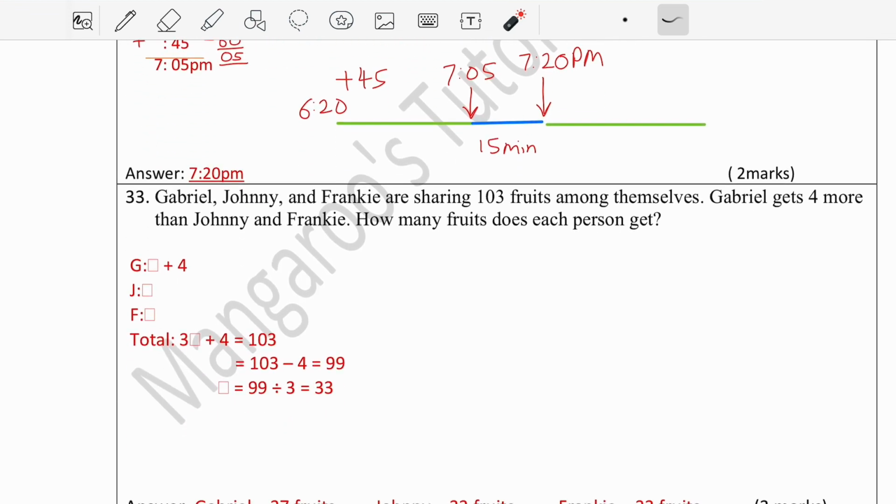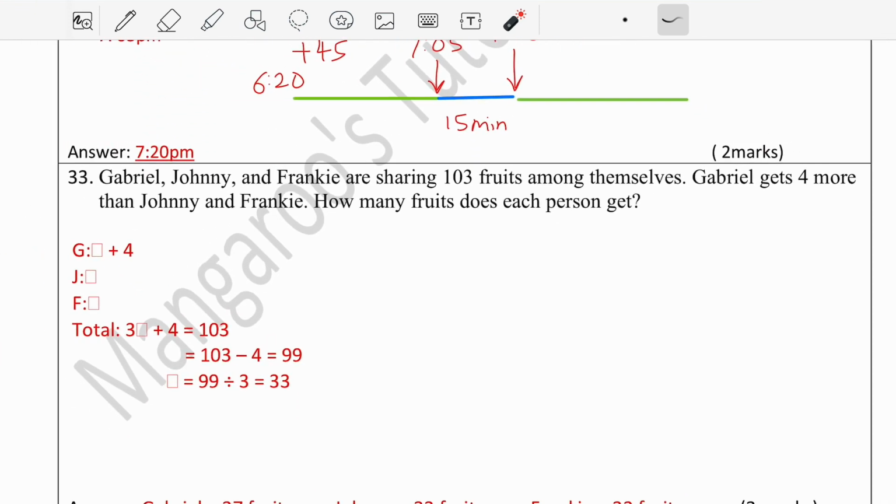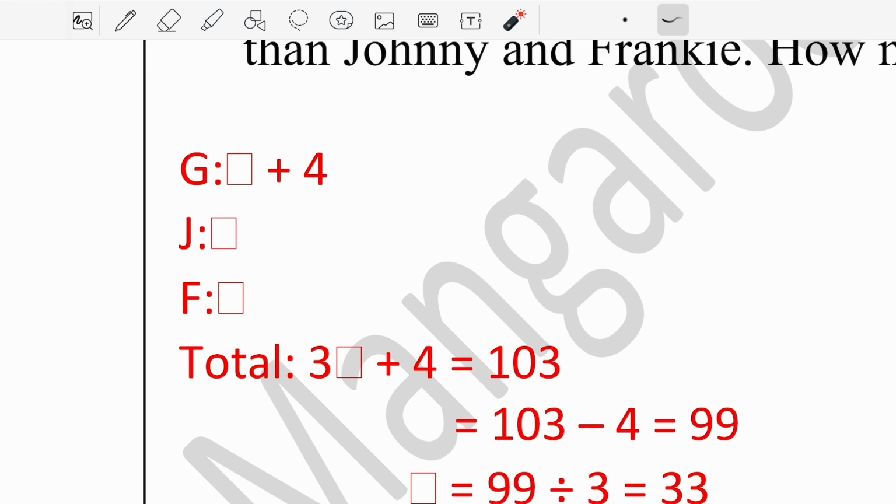Number 33, we have some unequal sharing. So we have 3 persons sharing 103 fruits, and Gabriel gets 4 more than the other 2. So Johnny and Frankie will be box, and Gabriel will be box plus 4. So that's a total of 3 boxes plus 4, which is equal to the total. So we can work backwards. We can say if this is plus 4, we're going to minus 4 from the total, and we get 99.